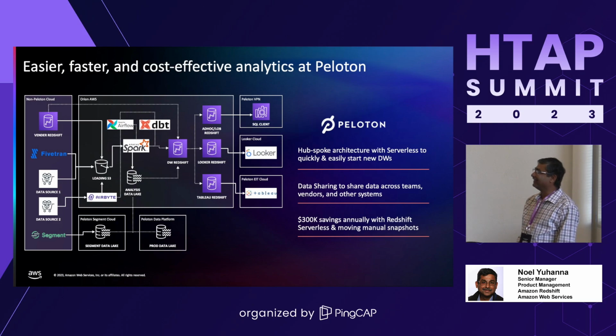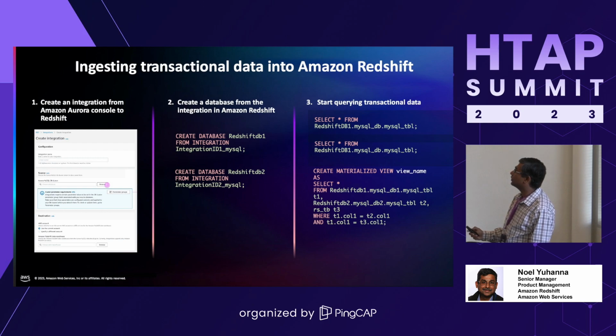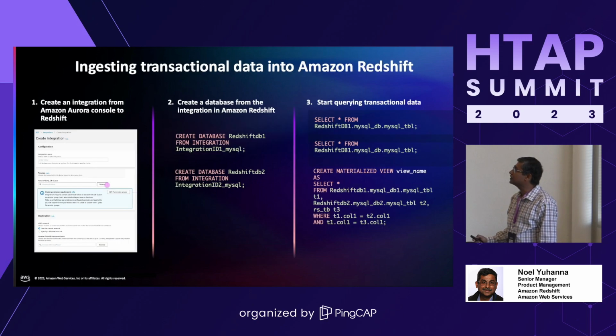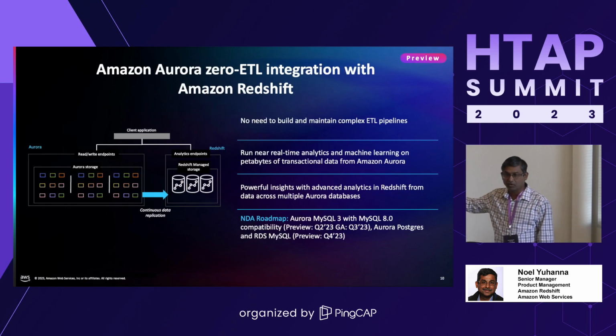Okay, spoiler. So this is a customer that we have. I'm going to first go to the real-time ingestion and then come back to this slide. There are two types of real-time. One is if you are using a transactional database like Aurora MySQL, for example. Now you don't have to write any code.